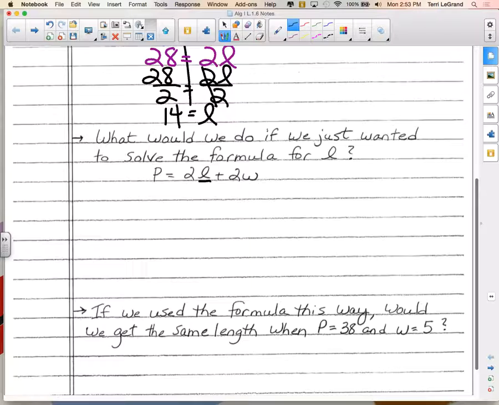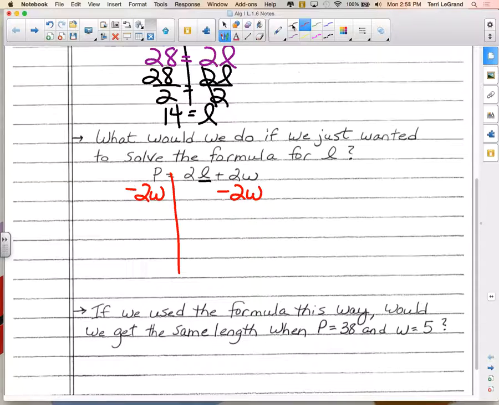So here's the thought process you have to have. I need L alone. What's happening on the side with L? On the side with L, I have 2W being added. So I need to get rid of that first. So I'm going to subtract that 2W. If I subtract it on that side, I have to subtract it on this side. We're still solving an equation.